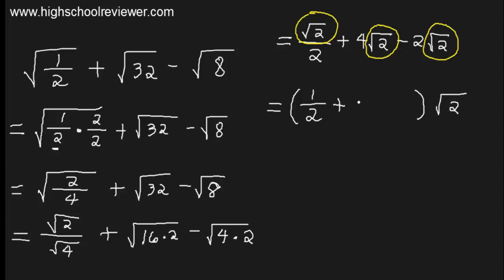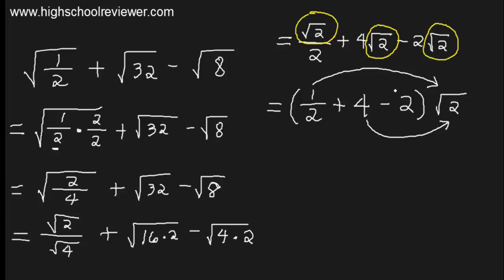So what will be left will only be 4 minus 2 square root of 2 divided by square root of 2. What will be left here will be minus 2. So to check, 1/2 times square root of 2, that will be square root of 2 divided by 2. Positive 4 times square root of 2, that will be 4 times square root of 2. Okay. And then we will have negative 2 times square root of 2.